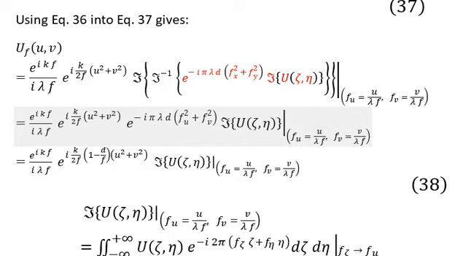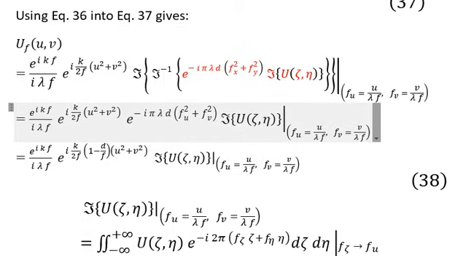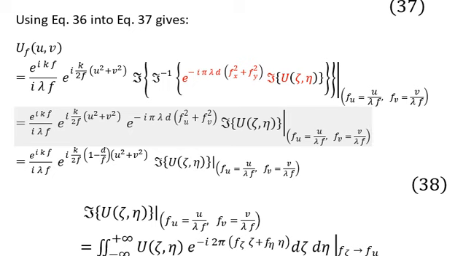So now we have written this result again, but in the last expression in equation number 38, we have combined these exponential factors. So we have e to the power iota k over 2f, and within the parenthesis we have 1 minus d over f multiplied by u square plus v square. We have combined these two phase factors, and now we have the simplified form of the formula in the last step of equation number 38.